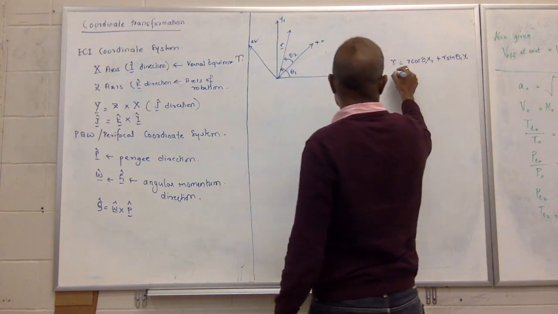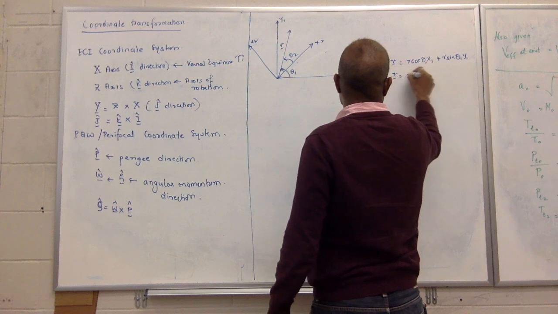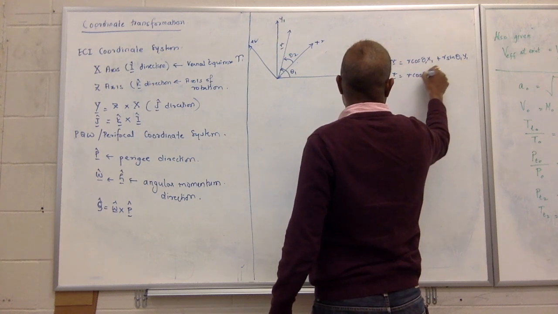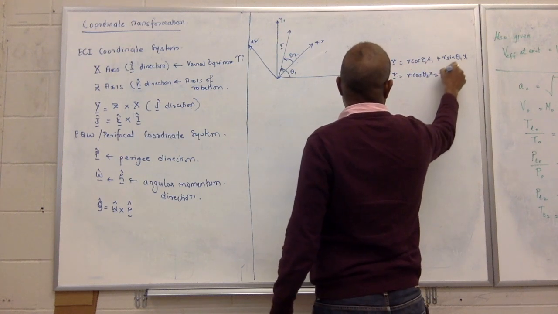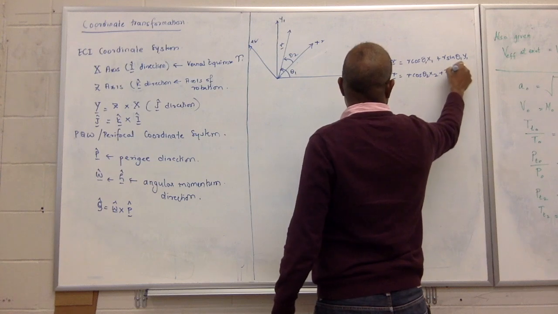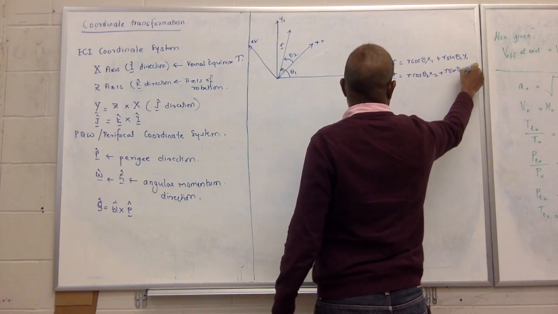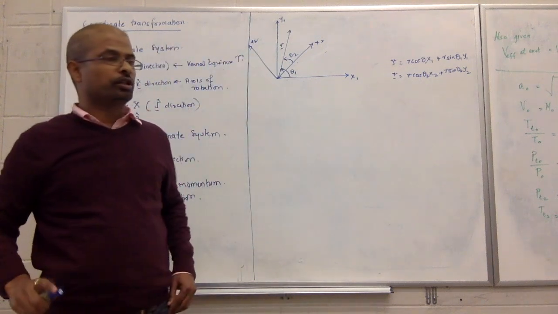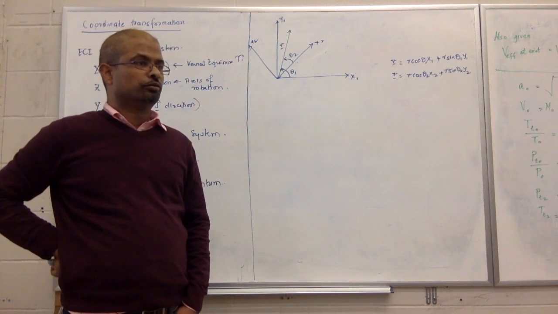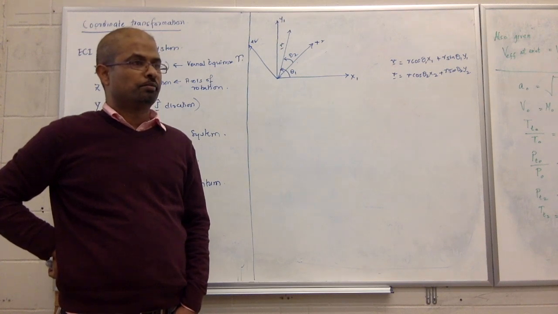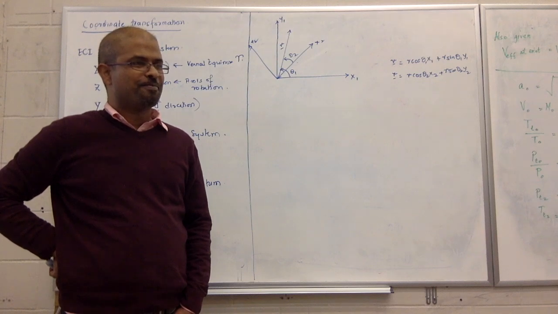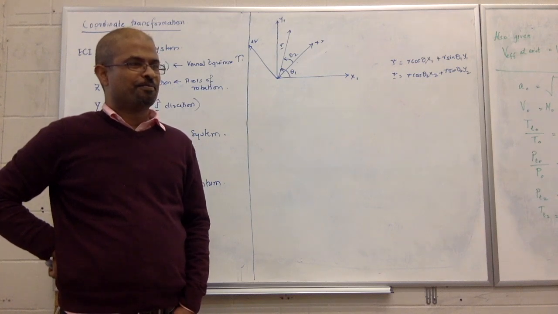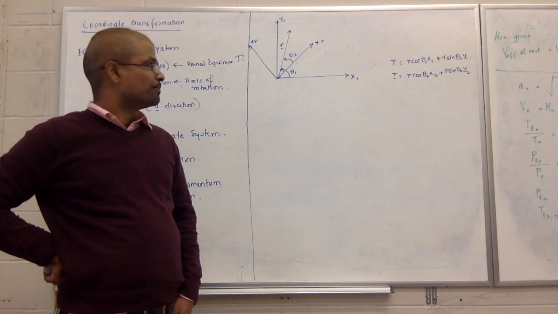But r can also be written as r cosine theta 2 x2 plus r sine theta 2 y2. Why is it cosine and sine? Why do we choose cosine for theta? You tell me, why is it like that? A lot of people tilted.